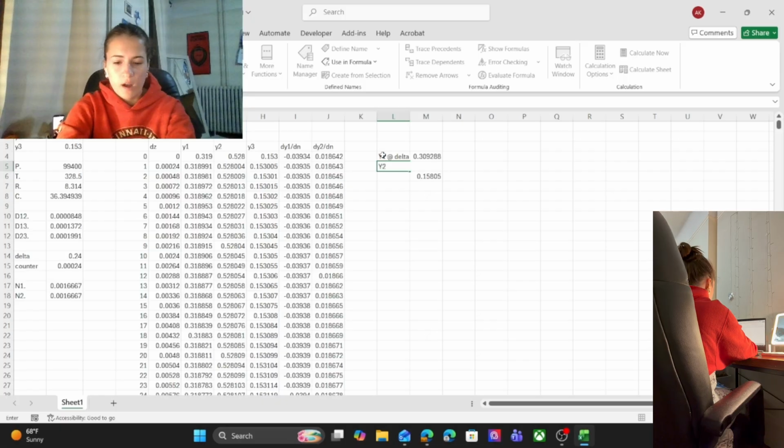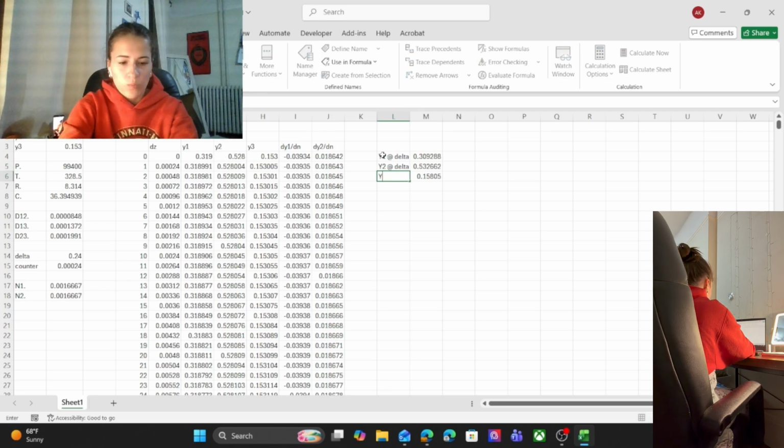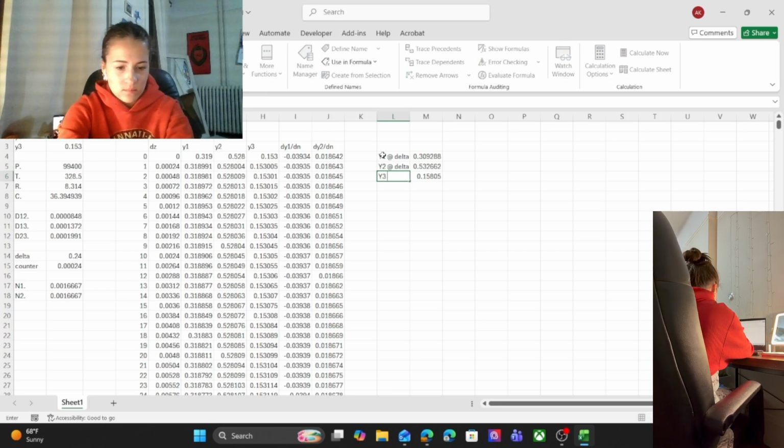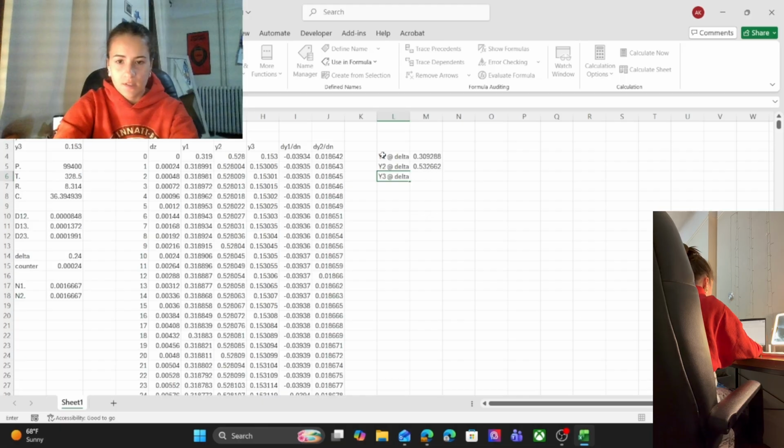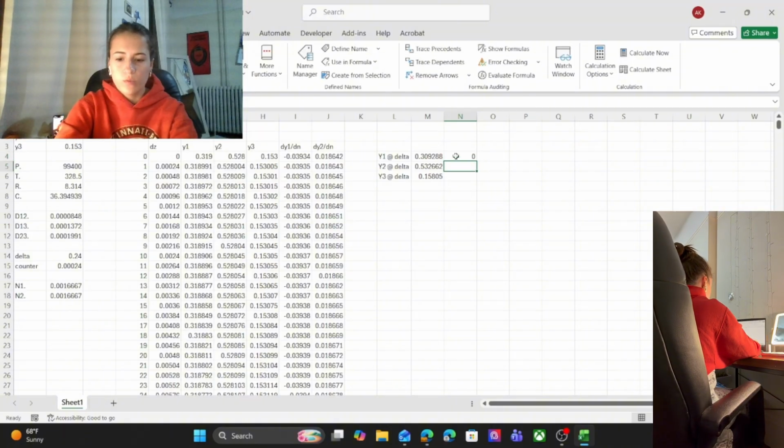And then we have Y2 at our total length, which is delta, Y3 at delta. And so, like I said, we want this to be equal to 0, we want this to be equal to 0, and this to be equal to 1.